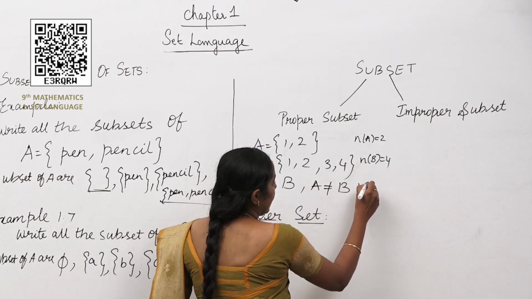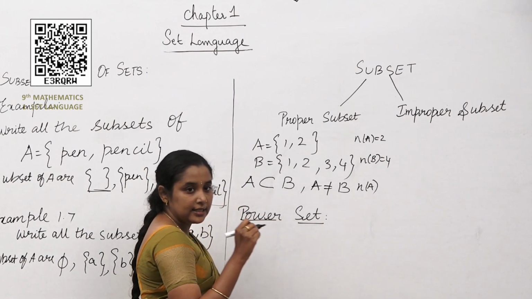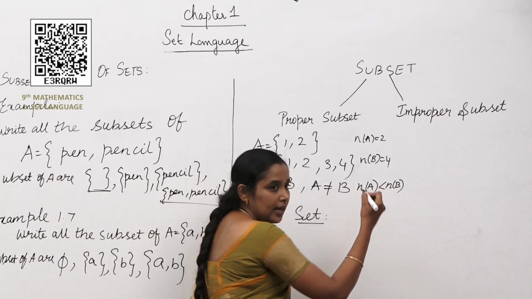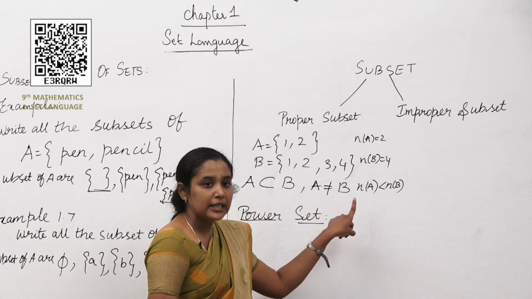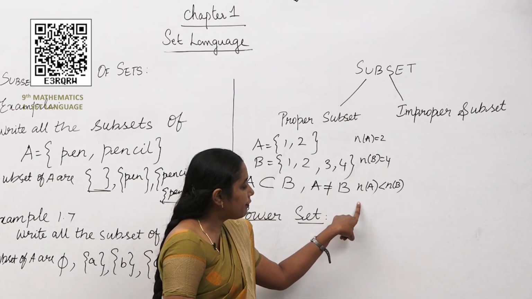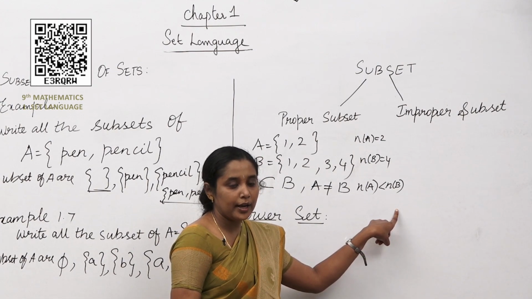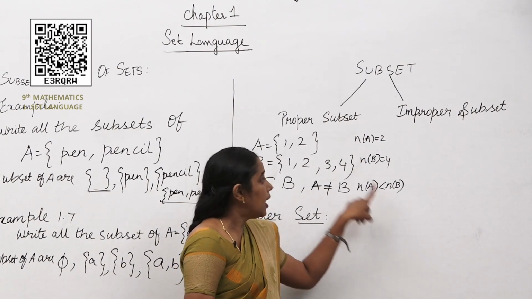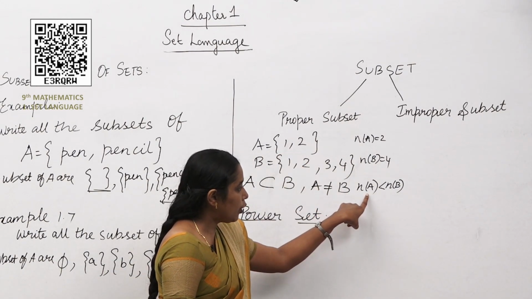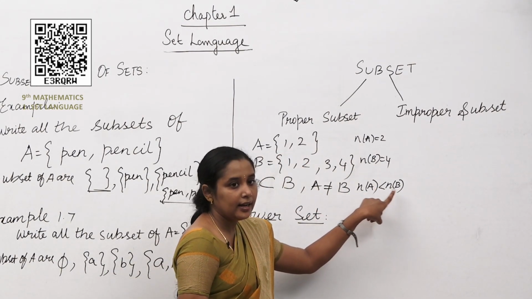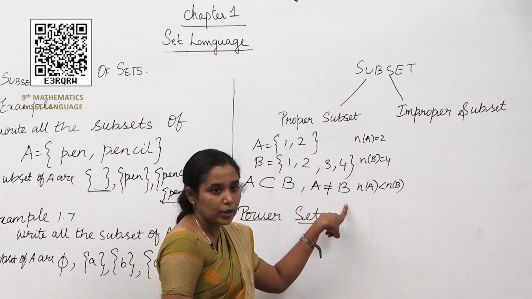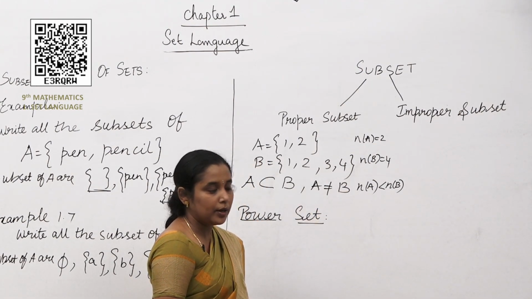So n(A) should be less than n(B). But in subset what you had? n(A) is less than or equal to n(B). But in proper subset, n(A) should be less than n(B), because A is not equal to B.